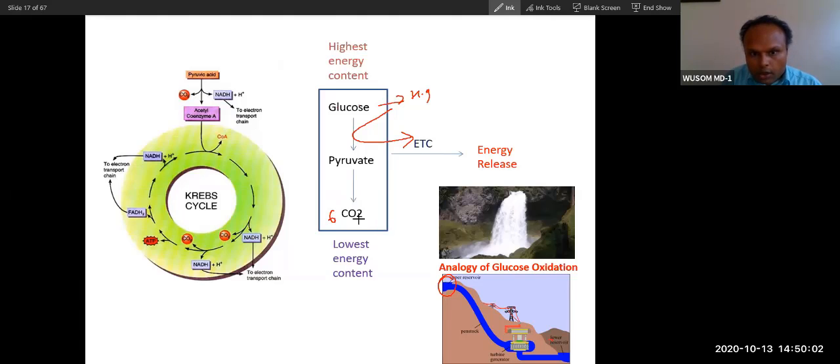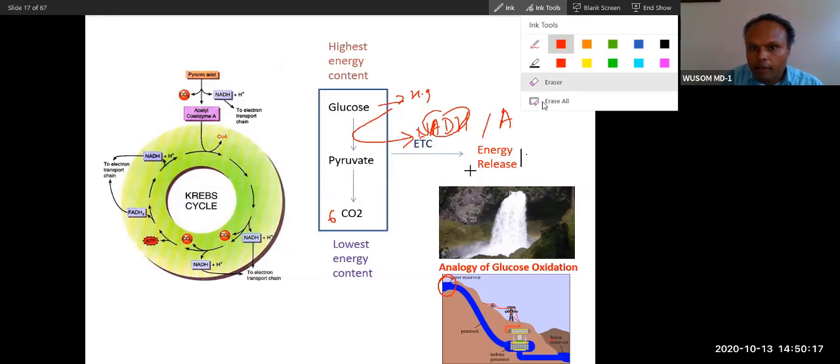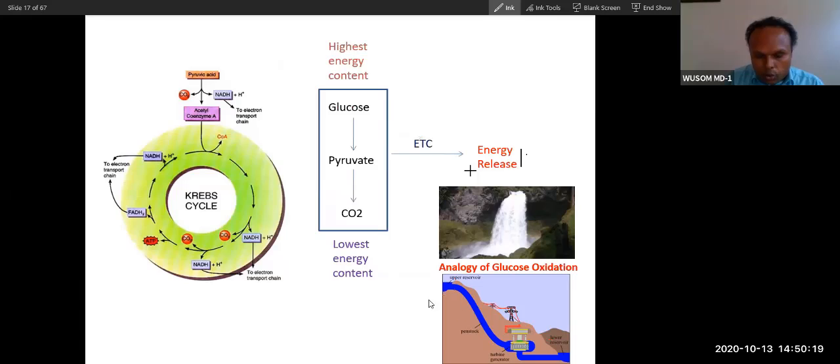From glucose, 6 carbon dioxide is produced, and NADH and ATP are produced. NADH through the electron transport chain releases energy. So you can compare this whole process to the flow of a river: conversion of glucose to carbon dioxide is like the flow of river and release of energy as a result.